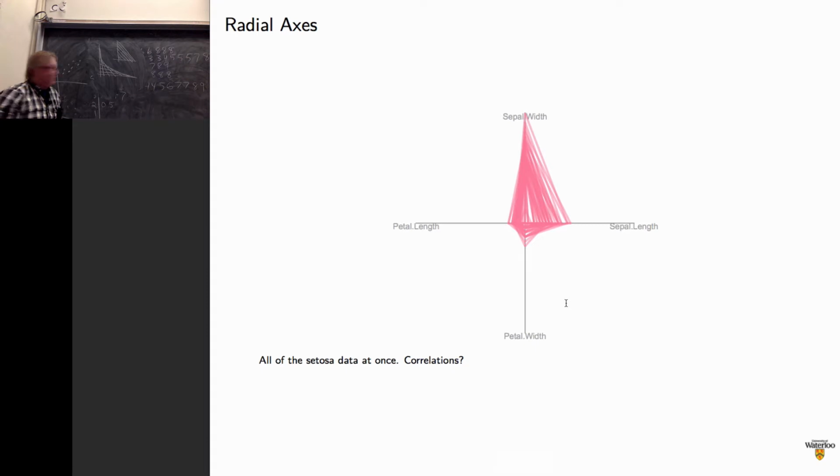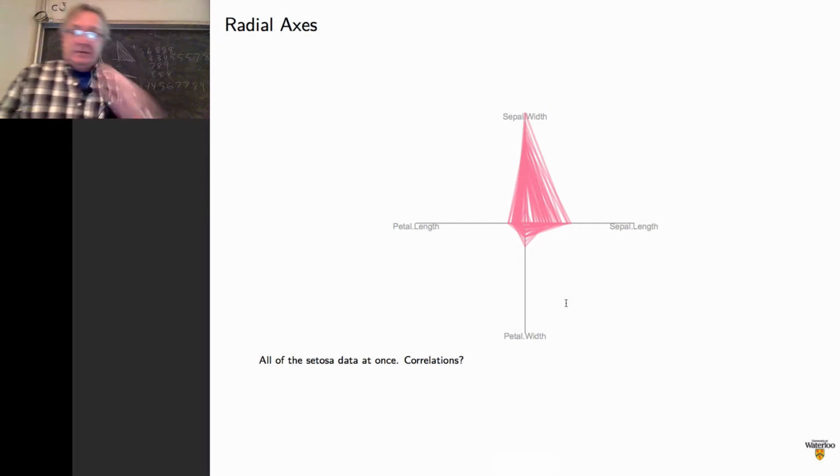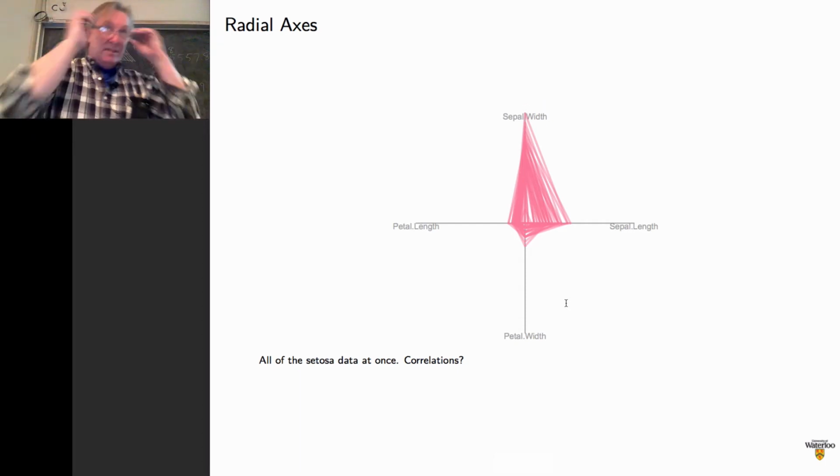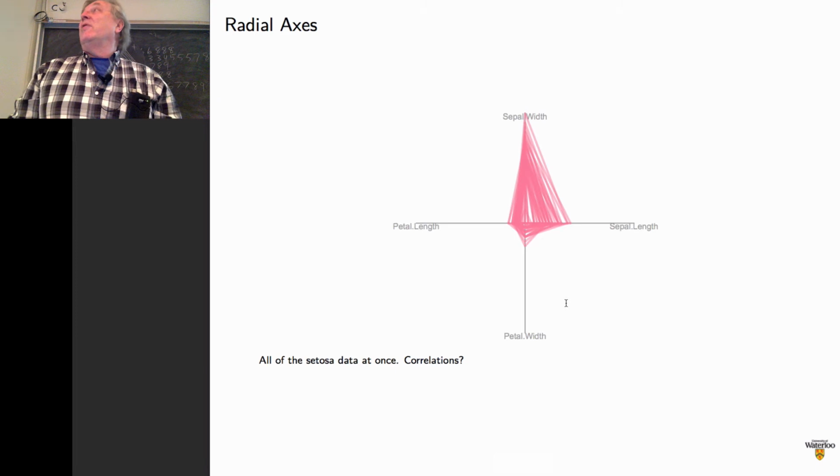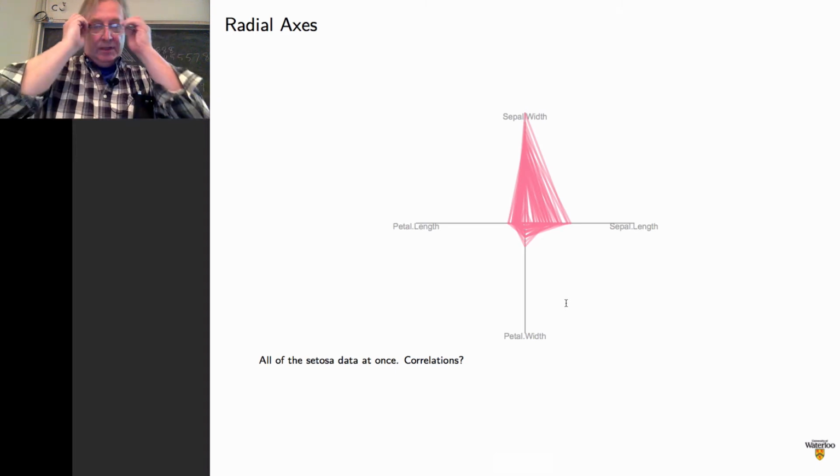Low with low, high with high. Okay, makes sense? So you can look at this and at least get some sense, if there hasn't been too much overplotting that you can't tell what's going on, of how pairs of variates are correlated.